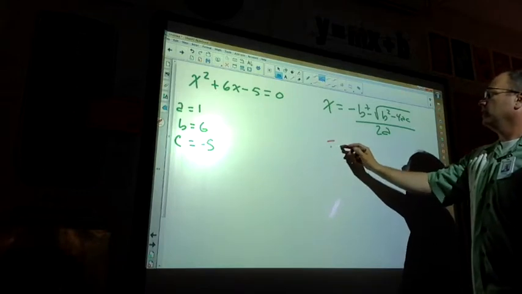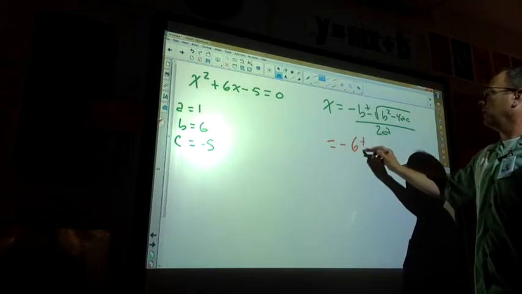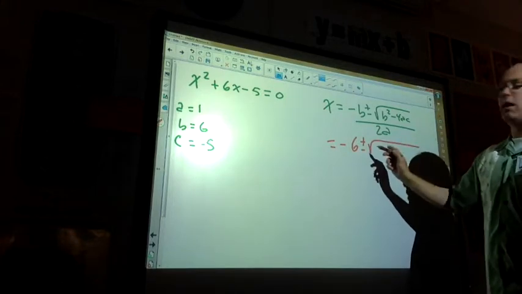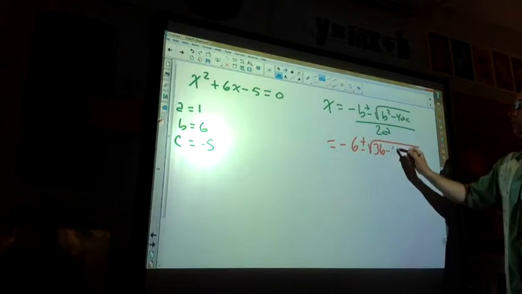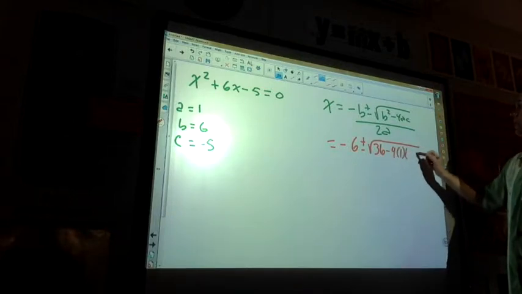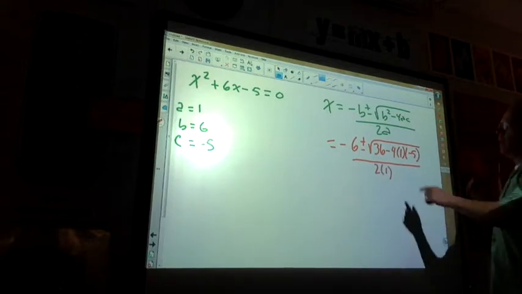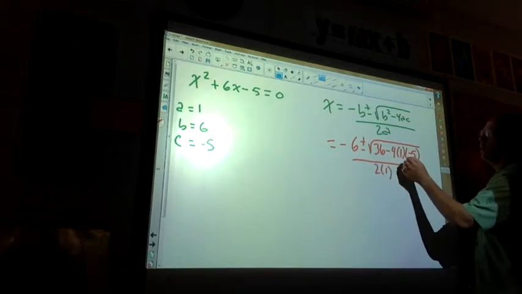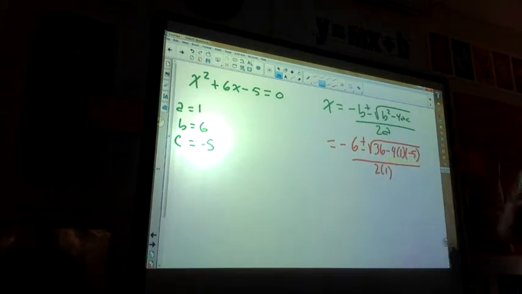Okay? I have negative 6, plus or minus the square root of 6 squared, 36, minus 4 times 1 times negative 5, all divided by 2 times 1. Now, real quick, what will this part right here become?